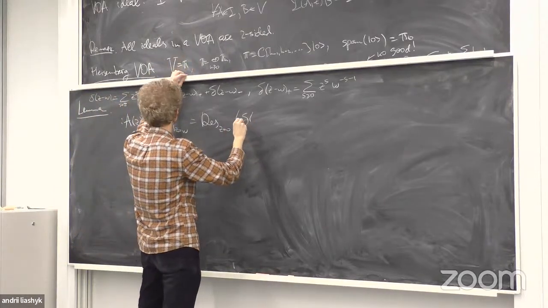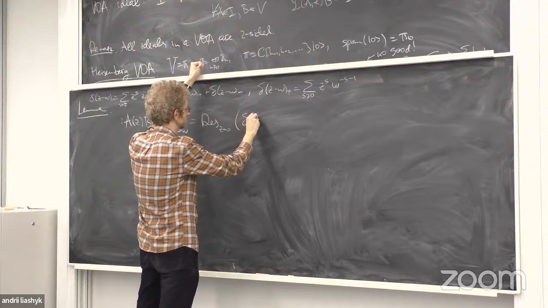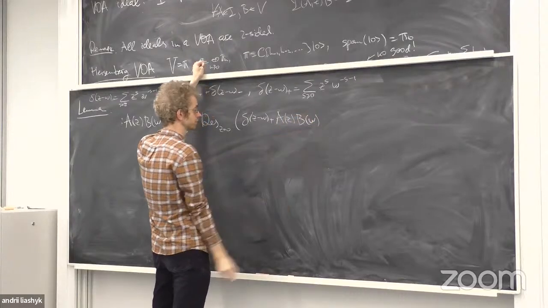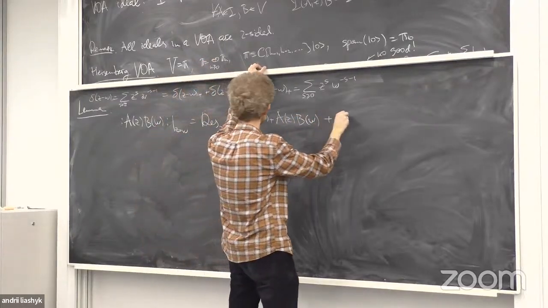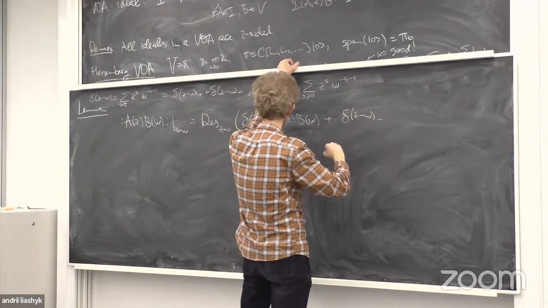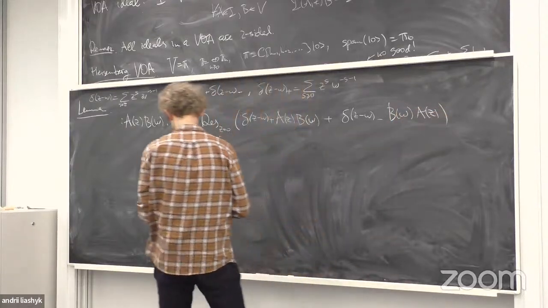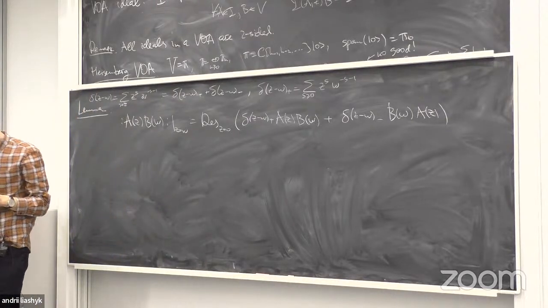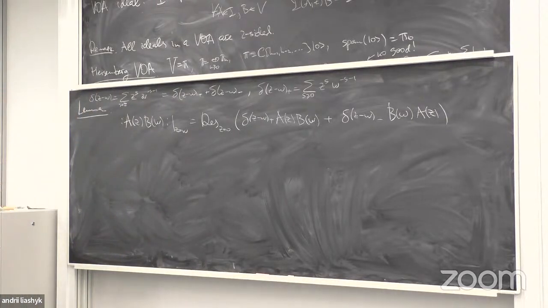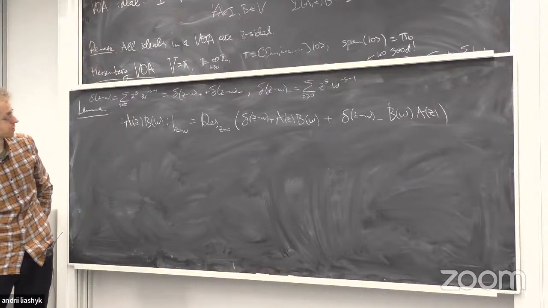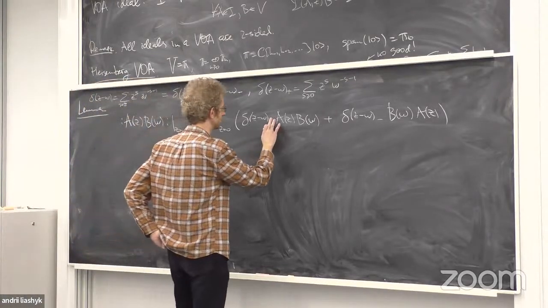So we take delta of a of z, w, plus delta of z minus w minus d of w. So is it clear what's written here? Maybe I should switch the minus here and plus here.